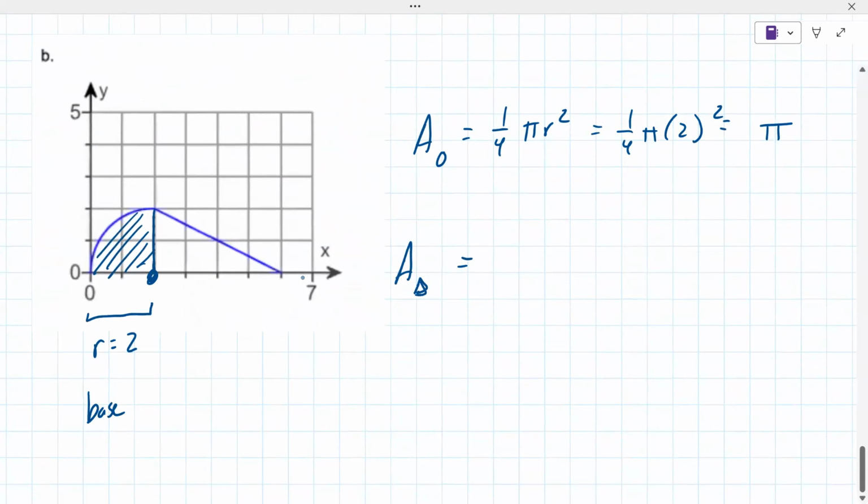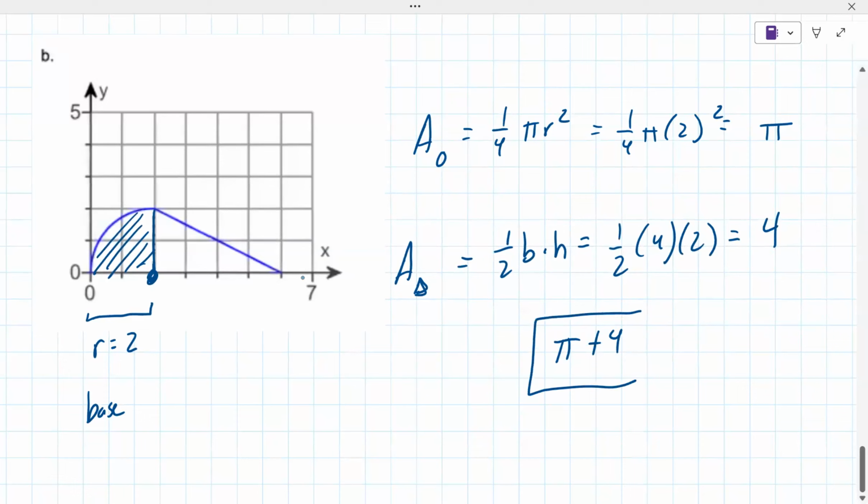Please ask. I'm assuming you know all this, which maybe is a dangerous thing to do, but you just tell me, hey, I don't know these formulas, haven't seen them in a while. That's fine. So triangle is 1/2 base times height. Base is 4, height is 2. So the total together is pi plus 4.